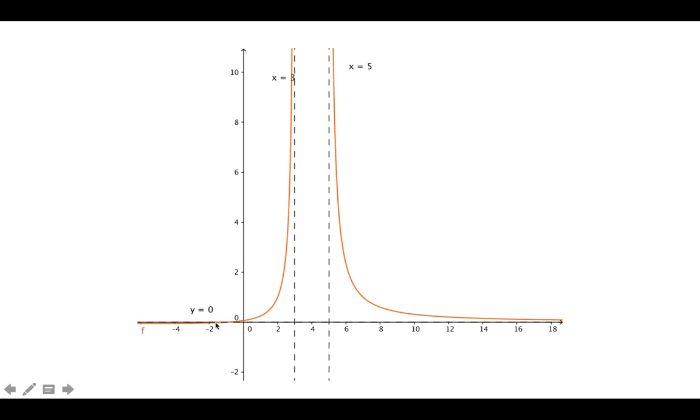Here's our horizontal asymptote, y equals 0, the x-axis. This graph is getting closer and closer to y equals 0 on both sides. Notice we cross over right here. The graph crosses over the horizontal on this left side and is riding underneath the x-axis on the left, but is riding on top on the right. Sometimes that happens.